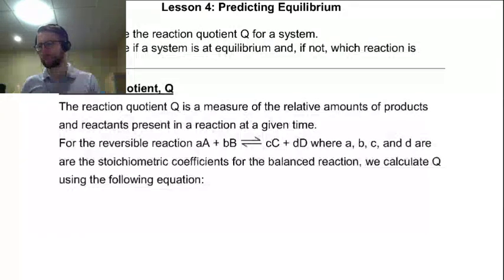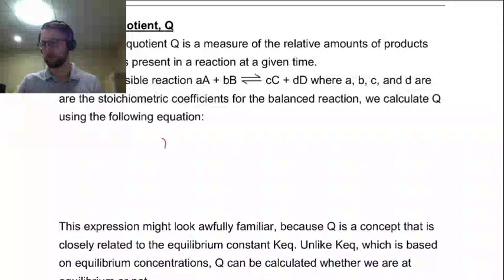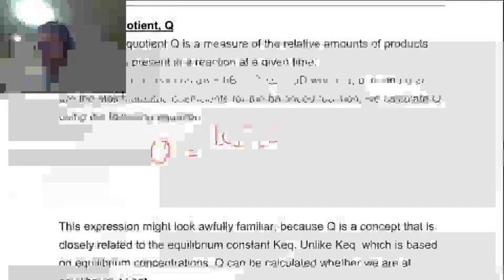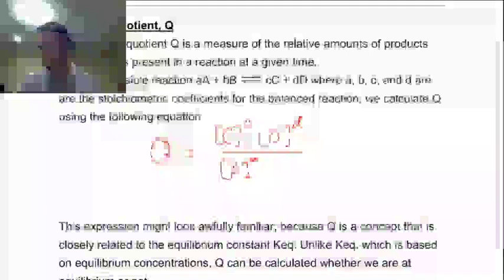Okay. So the reaction quotient is the measure of the relative amounts of products and reactants present in a reaction at a given time. So for a reversible reaction where a, b, c, and d are the stoichiometric coefficients of the balanced reaction, we calculate Q using the following equation. Q equals [C] to the power c times [D] to the power d, divided by [A] to the power a times [B] to the power b.